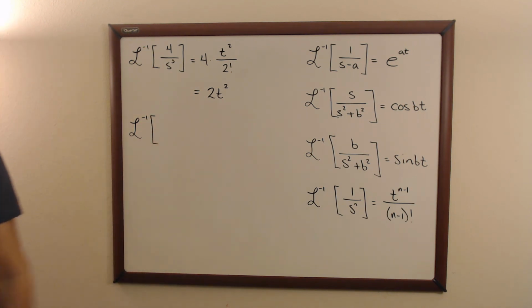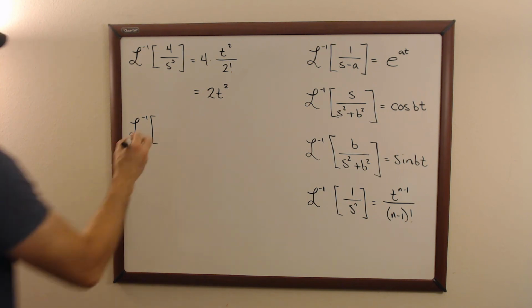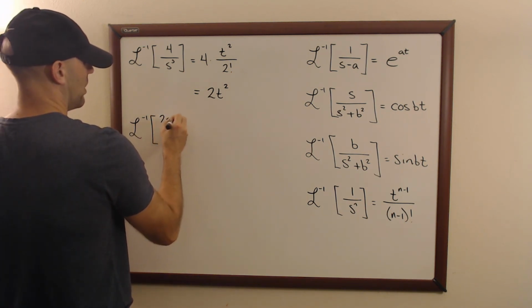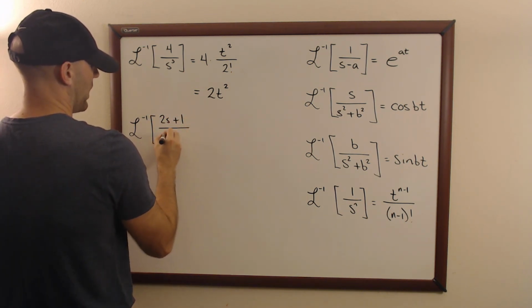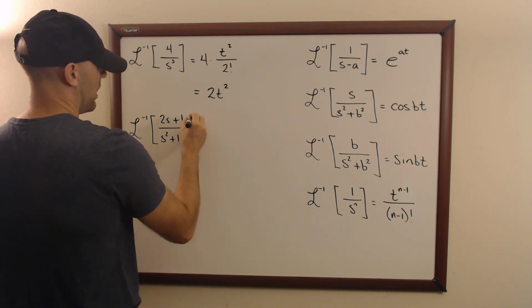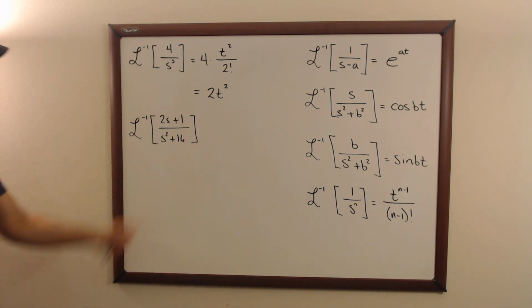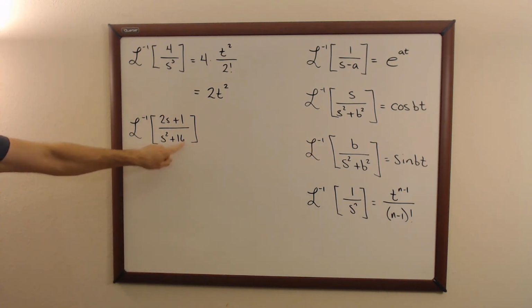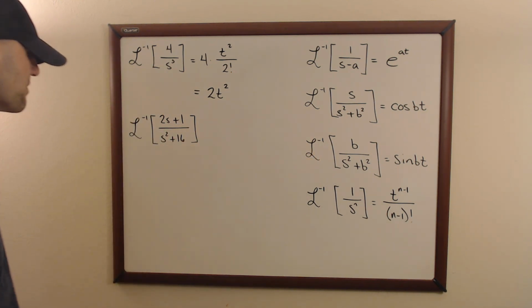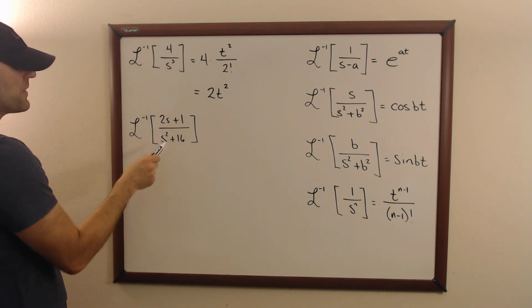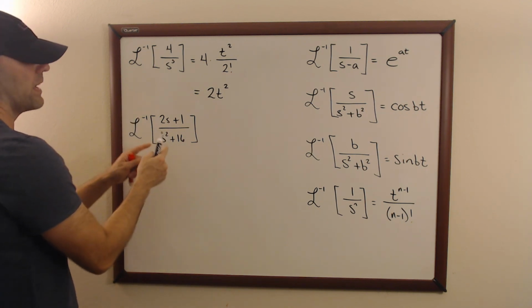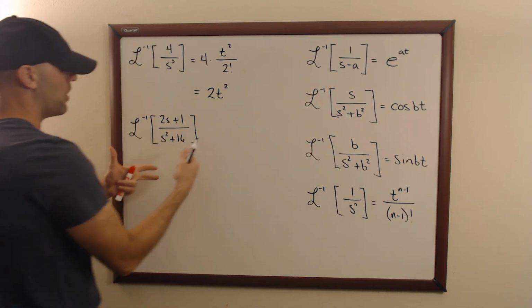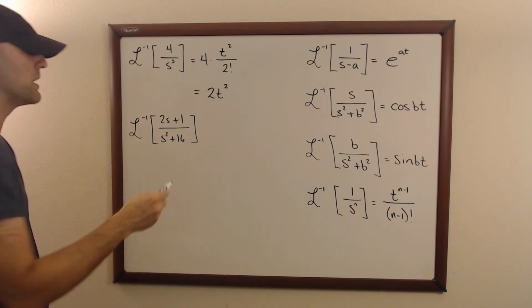Okay, maybe something that requires a little bit of effort. How about 2s plus 1 over s squared plus 16. So this kind of looks like these two, right? That's s squared plus b squared, where b is 4. The difference here is that it's either s or b, it's not both. And so what I can do is I can actually just split this fraction.